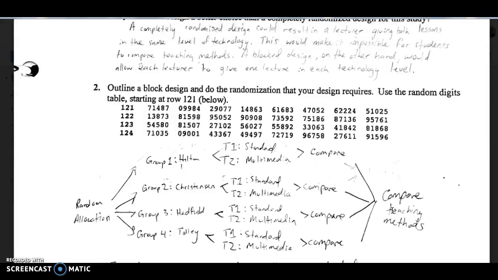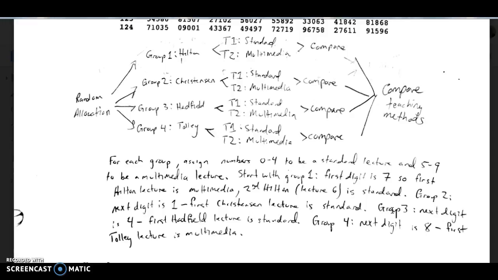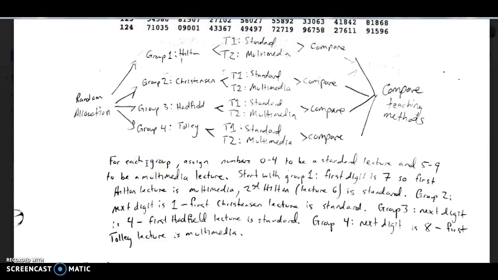So the way I set it up was, I thought about, okay, Hilton is teaching 2 lectures, and one of them is going to be standard, one of them is going to be multimedia. So how do I pick which lecture is going to be the standard, which one's going to be the multimedia? Since there's 2 options, I just stuck with digits 0 through 9 because they're single digits. If I had like 10 options, I would have done 2-digit numbers.